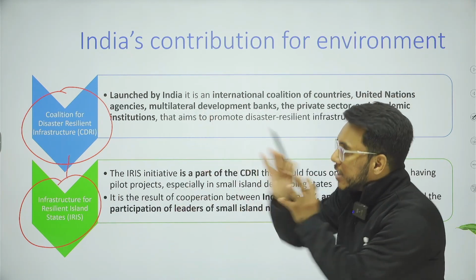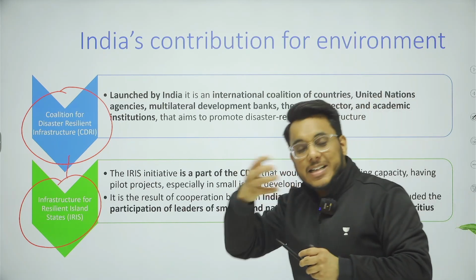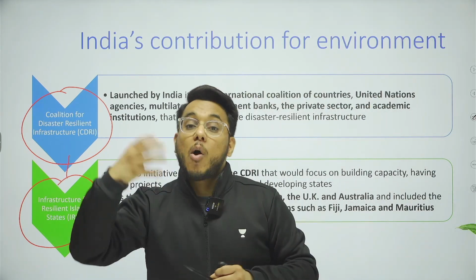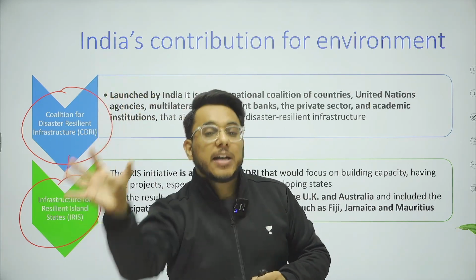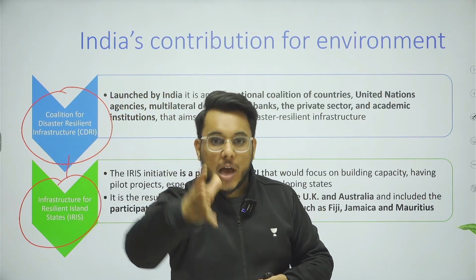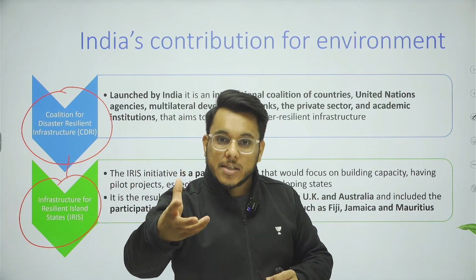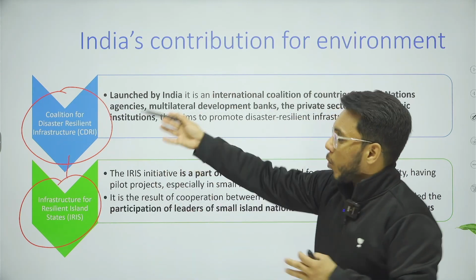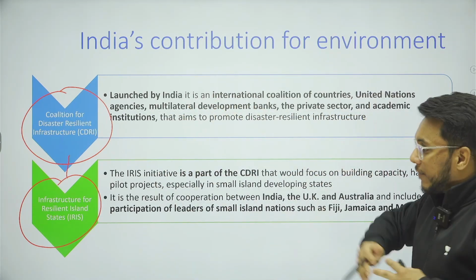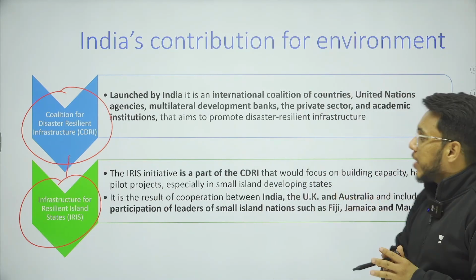In these two initiatives India is providing assistance to island nations, or to those nations that will be impacted by climate-induced disasters such as cyclones and tsunamis. It will provide them knowledge and technical assistance on how they can safeguard their infrastructure. So the Coalition for Disaster Resilient Infrastructure and Infrastructure for Resilient Island States is a notable initiative.